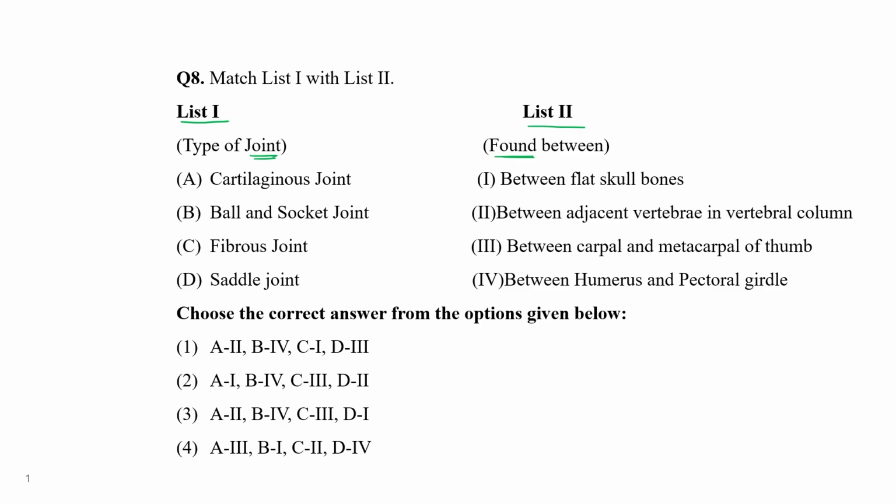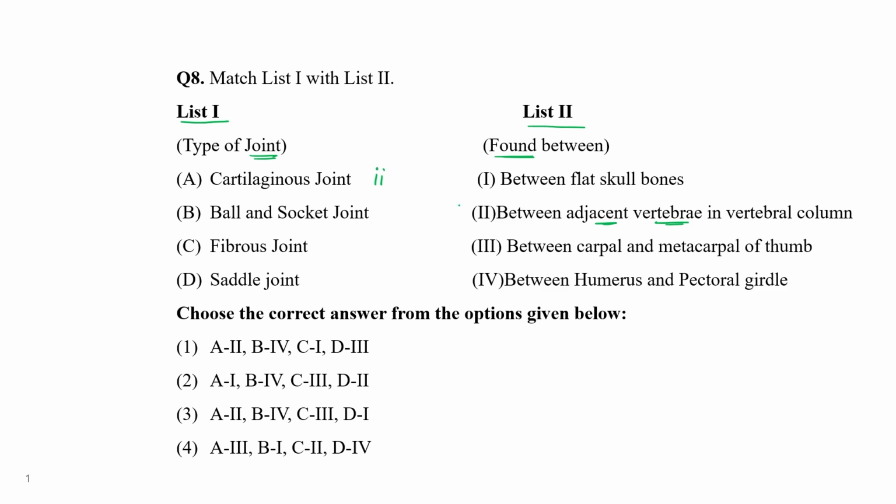Okay, time up now. So cartilaginous joint. In which type of joint is small cartilage present between the bones, that is between the vertebrae, right? So it is cartilaginous joint between the adjacent vertebrae in vertebral column. So A comes with the choice number 2.